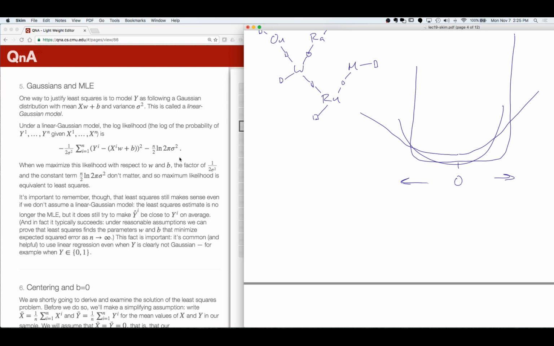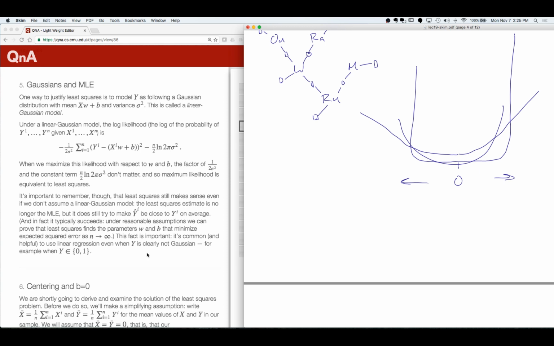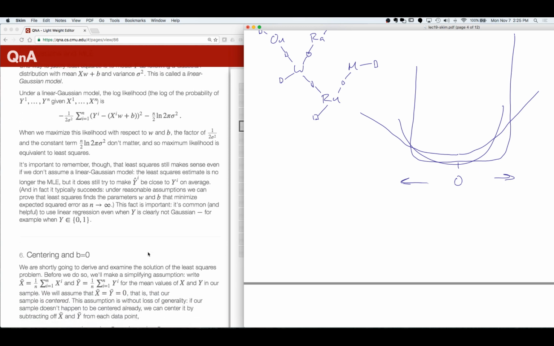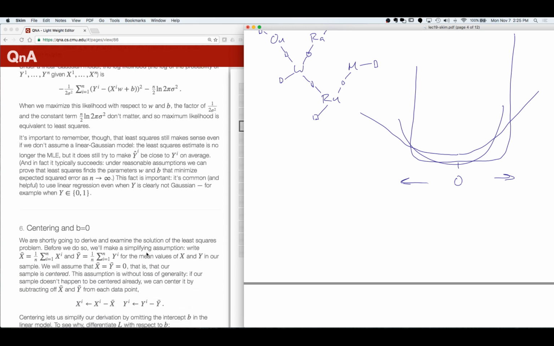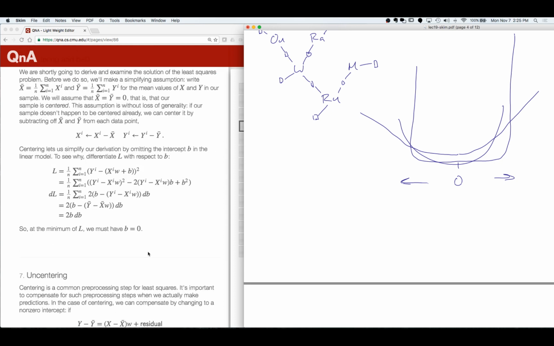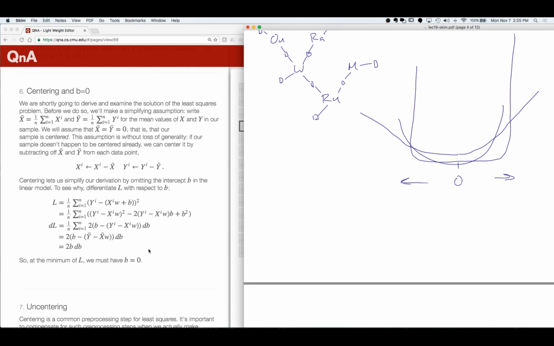All right, so we're going to try to analyze least squares and linear regression in the univariate case. Before we do that, I want to make an assumption, and that assumption is what's called centering.